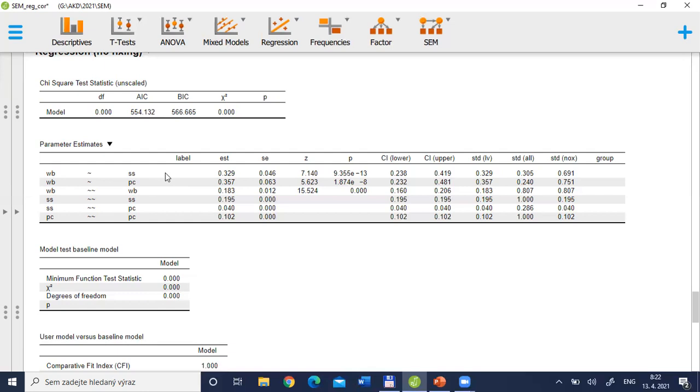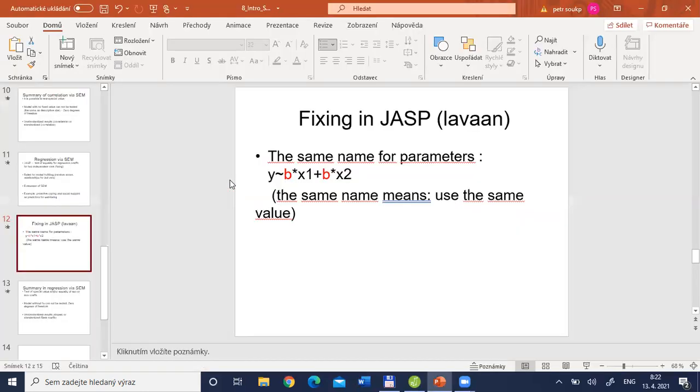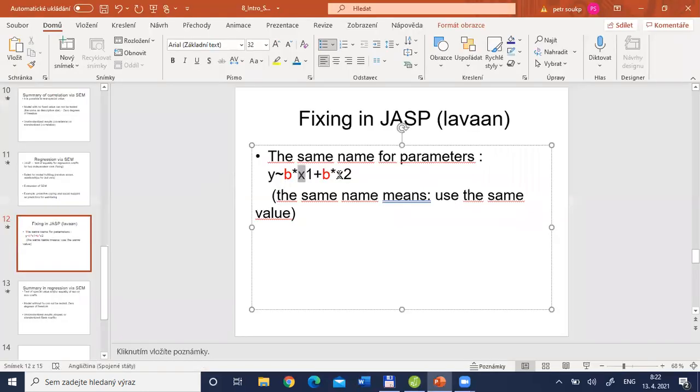And from a previous study, and we are here only replicating some previous study, it was shown that these two impacts are the same. So now I would add some style of testing to my regression model, and I would test whether these two coefficients, for x1 and x2, which in my case are social support and proactive coping, could be the same.